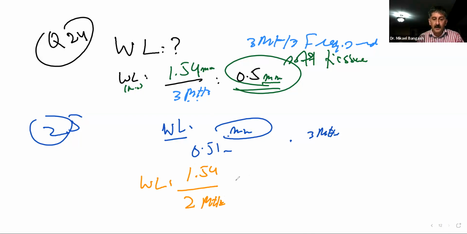That equation was already solved in your book, in the text. Just memorize what 1.54 divided by 2 is going to be. Clear? The unit is millimeters because it's wavelength.